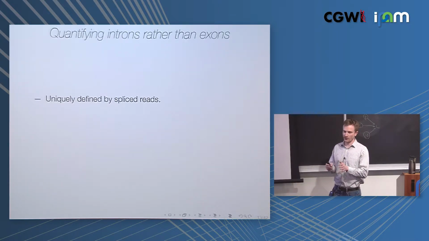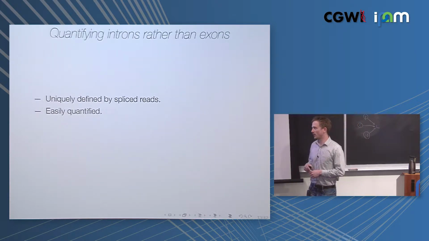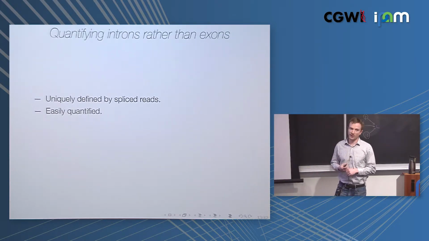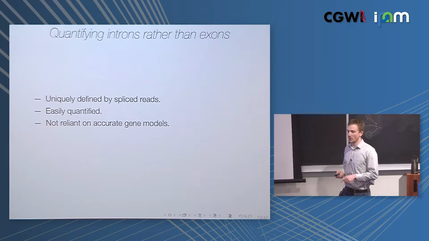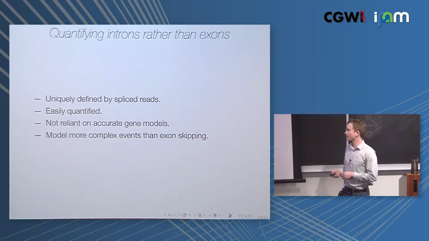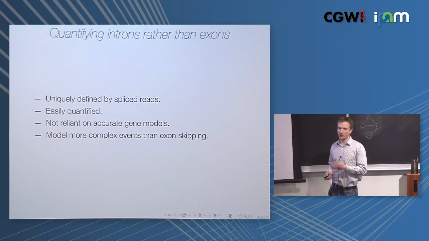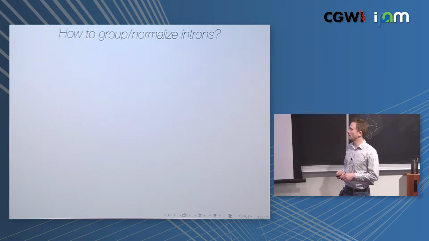Unlike exons, where if you see a read in an exon, you don't know what the boundaries of the exon were. By using these spliced reads, it's also very easy to quantify how much each intron was excised. Just count how many splice reads correspond to that intron. Makes you much less reliant on existing gene models because the data itself is telling you what you're going to quantify. And it also lets us model all these more complex splicing events, which exon skipping quantification did not.